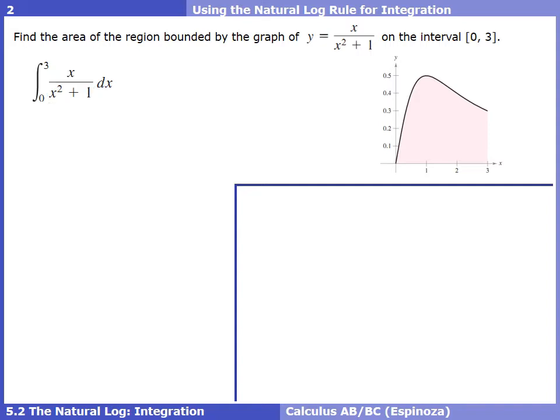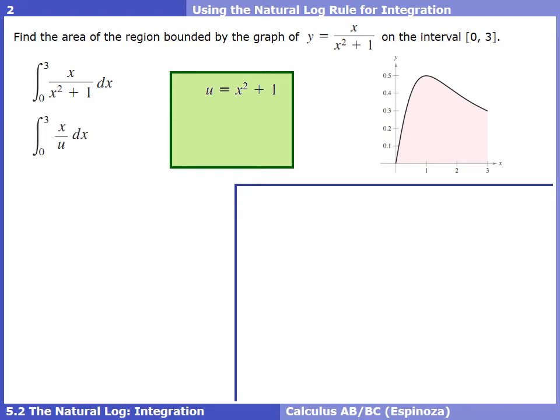So that's not going to work. What other thing could we do here? Well, there's really not much we can do, unless you realize that if we call the bottom u, that might lead us to a successful u substitution. So let's go ahead and try that. Let's try to call the bottom u and see if that substitution will give us something that we can integrate.